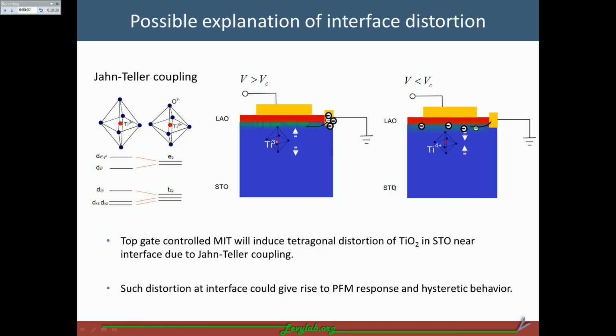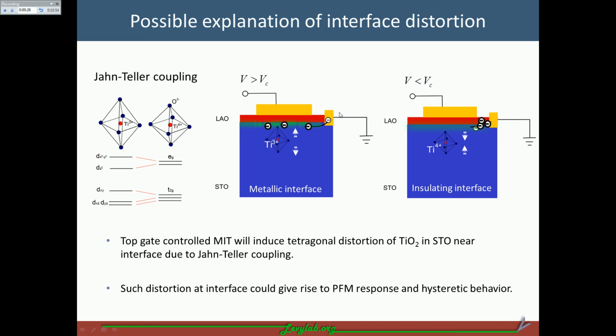And here is the possible mechanism for this distortion at the in-phase. We propose this would be due to Jahn-Teller coupling. As we tune the DC bias, electrons will enter or be depleted from the in-phase.